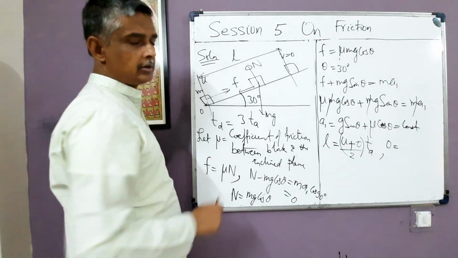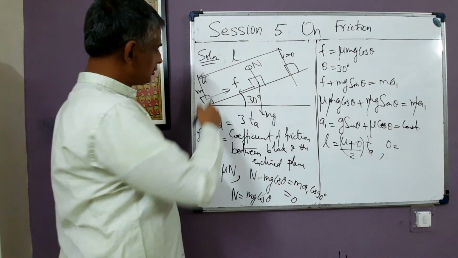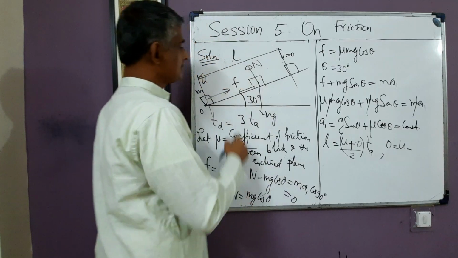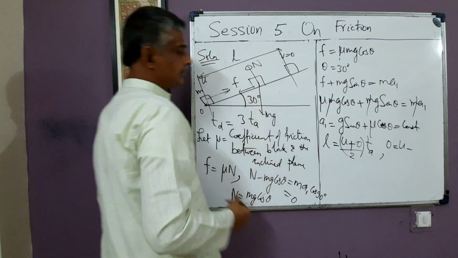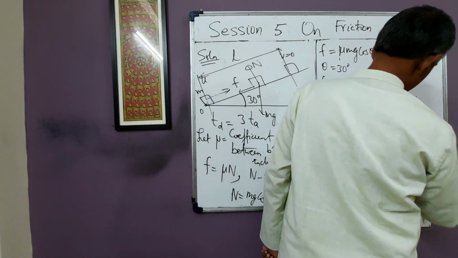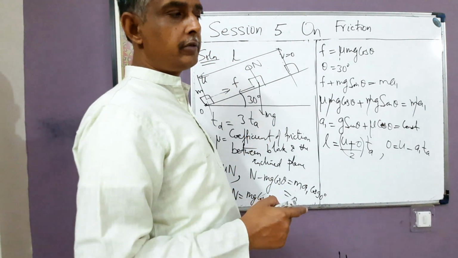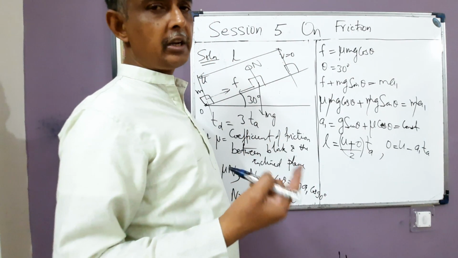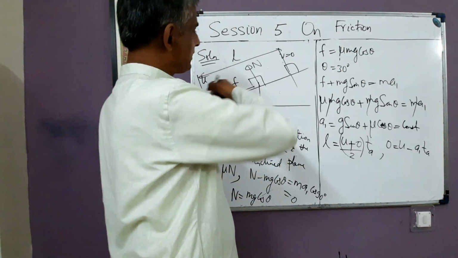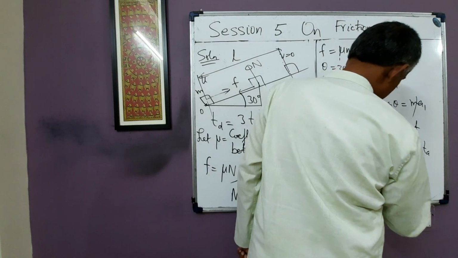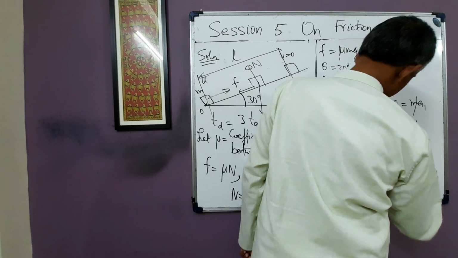In the upward direction I have taken to be positive. u is up the incline minus a1 ta, because in the v equals u plus at formula, v, u and a have to be taken with sign. I take up the inclined plane to be positive. So u becomes a1 ta.